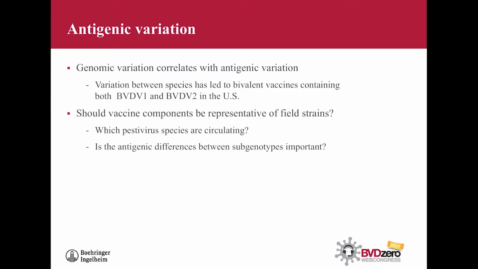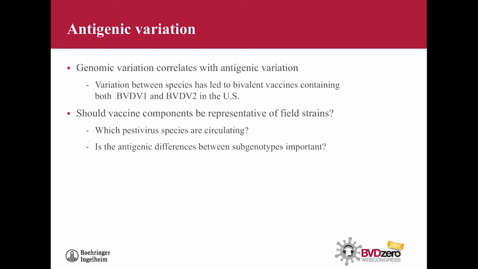Genomic variation creates antigenic variations. It's one of the ways the virus uses as selective pressure to preserve itself in nature. Because we saw antigenic variation between species, that is between BVD1 and BVD2, most vaccines in the United States now are bivalent, in that they include antigens from both BVD1 and BVD2, giving you better cross protection.